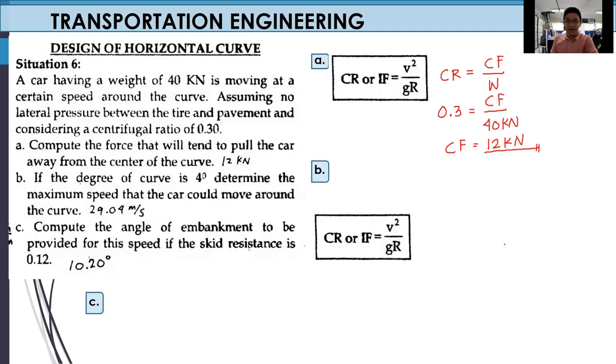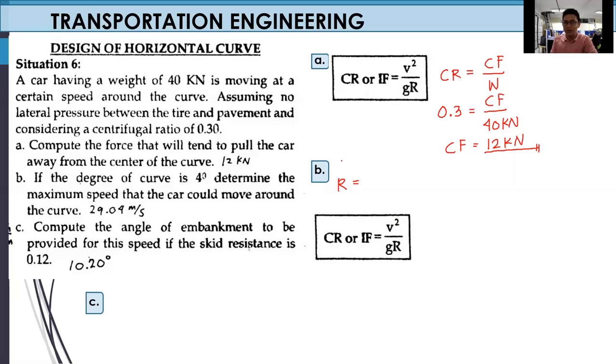So, kanina na-discuss natin in class sa ating mga formulas, di ba? That if yung given natin is yung degree, we can determine our R or our, tawag dyan, yung ating velocity pala, sorry. But before we can determine our velocity, kukunin po muna natin si R, which is yung radius natin, no?